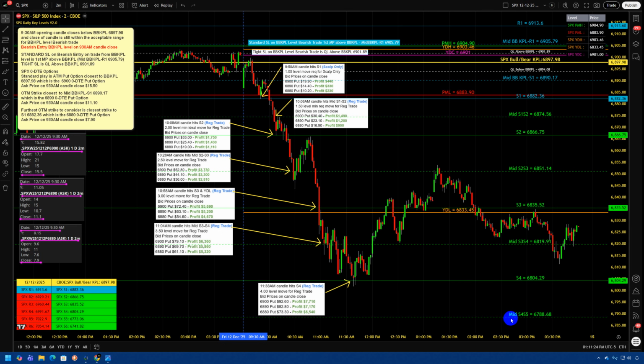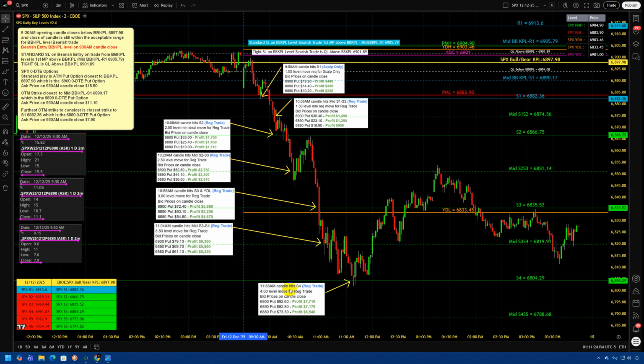Either your standard stop loss would be the first midpoint below, or you would turn on the QL level below S4, and that would be your tight stop loss, approximately in here. As you can see in that particular instance, neither one of those was breached, and it did go back up one full level for a scalp to the S3, and then the minimum 1.5 level move from S4 up to mid S2, S3 for a regular trade.